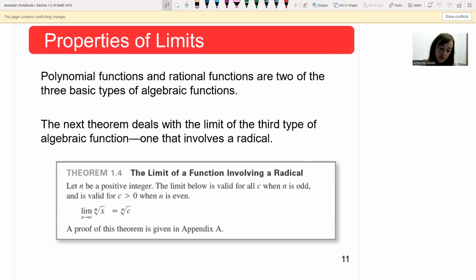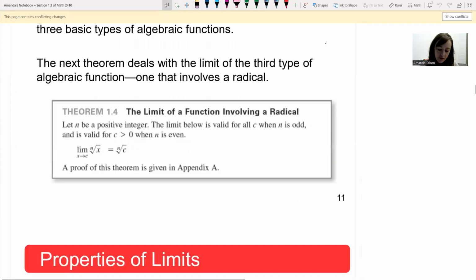Direct substitution is also applicable when we're dealing with a radical function, so long as in the case of an even root index, if n is even, you're looking at whether it is defined for that radical.